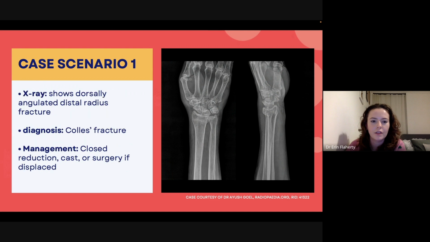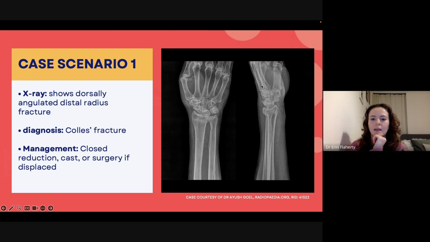Okay, so this one showed us a dorsally angulated distal radius fracture, which is our very infamous Colles fracture. If we look particularly at the lateral, we can see the bones come up. We've got a shift backwards. Our thumb usually sits forward, so we can see that our hand has shifted slightly backwards.